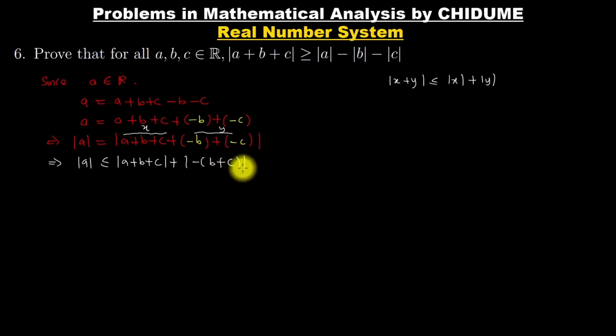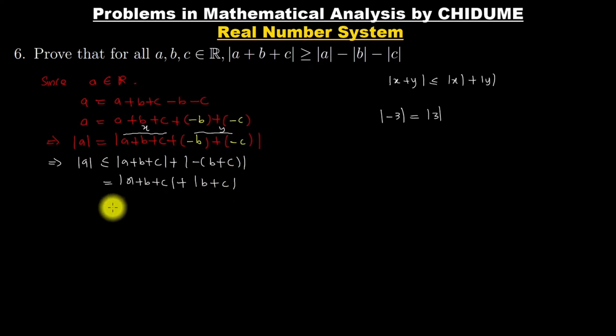Of course, don't forget that the absolute value of negative 3 is still the same thing as the absolute value of 3. So this gives us the absolute value of a plus b plus c plus the absolute value of b plus c.